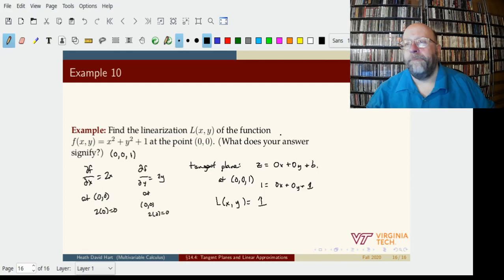Okay? The question goes on and says, what does your answer signify? What does it mean if your linearization is constant? Well, if we think about what that meant in single variable calculus, if we had a function and the tangent line had the form y equals a constant, that meant it was horizontal.